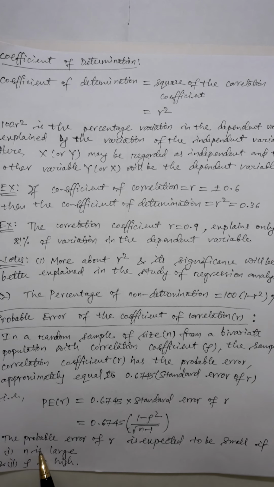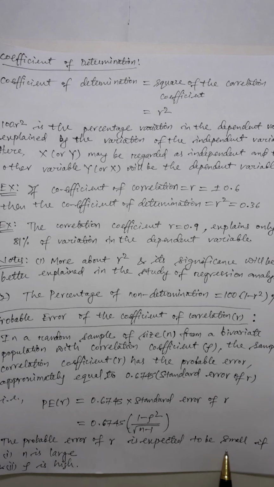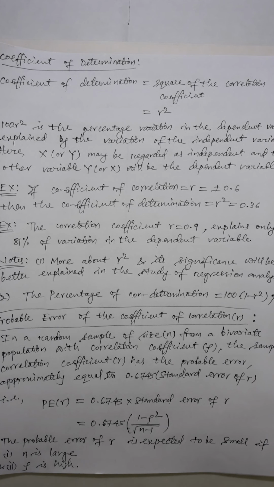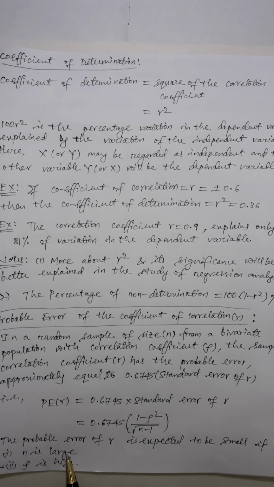Now, here we have two things to notice: the probable error PE of the correlation coefficient r is expected to be small. This probable error will reduce, or become small, if the sample size is large. That means if the number of data, or number of pairs of variables n, is larger, or the correlation coefficient rho of the series is high, almost close to 1.